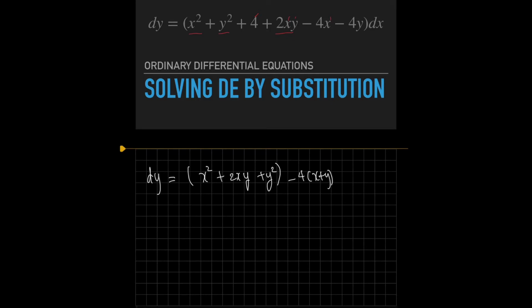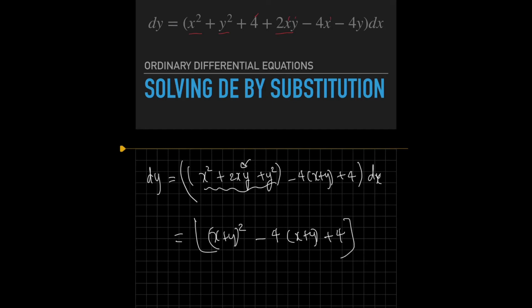I just like factoring the minus 4 because they're the same minus 4, and it's likely we're going to find something that looks similar to the first grouping. So that's why I'm factoring it. And here we have dx. And we know that this first grouping is actually (x plus y) squared. And how nice is that?